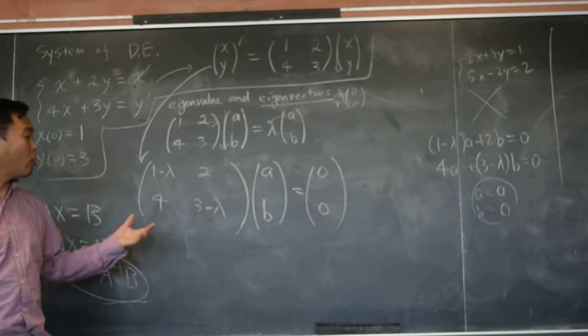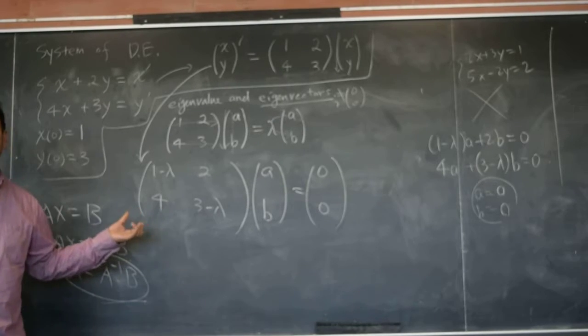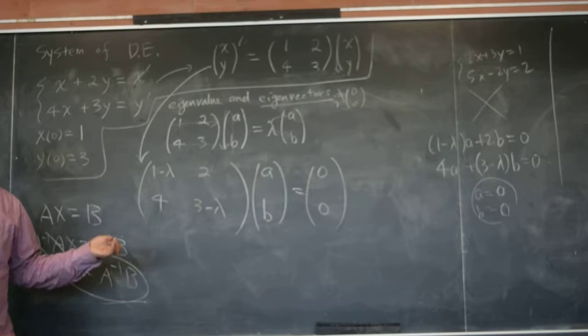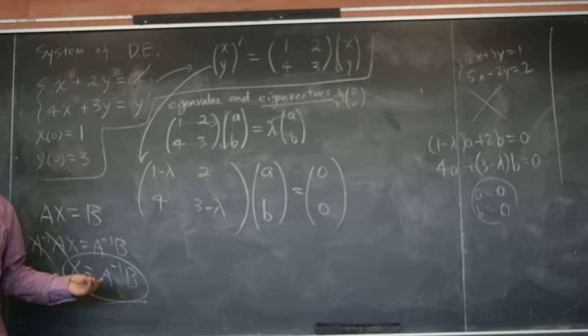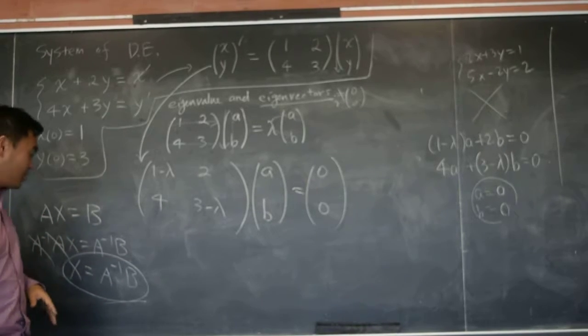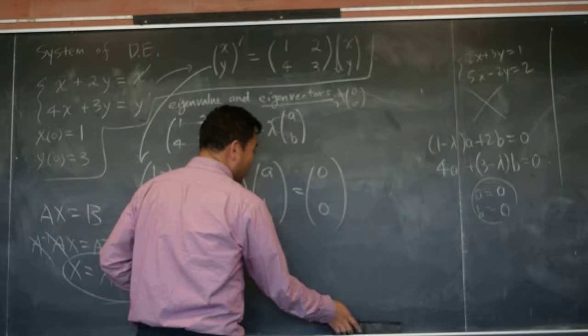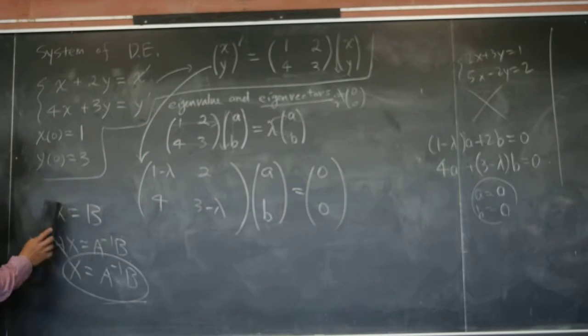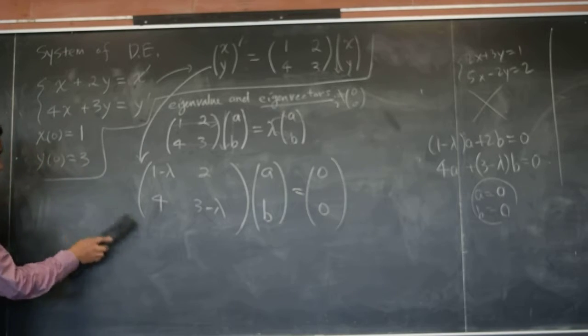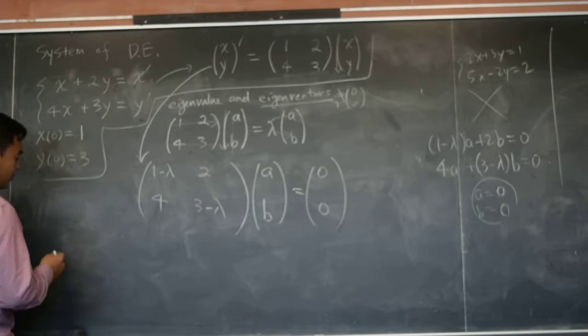Now, is it true that all matrices have inverses? No. When does a matrix not have an inverse? When the determinant is 0. Okay? So the only way for a non-trivial solution of this type to exist is if the determinant is 0. Okay?